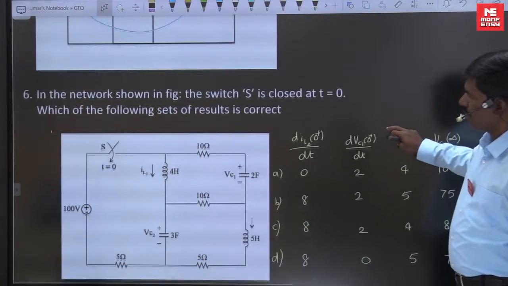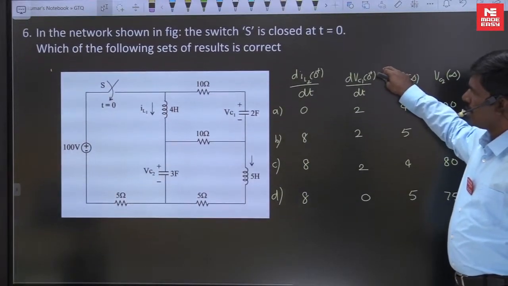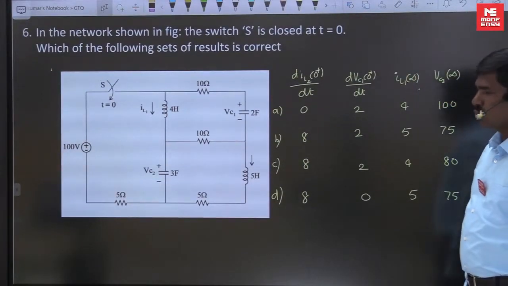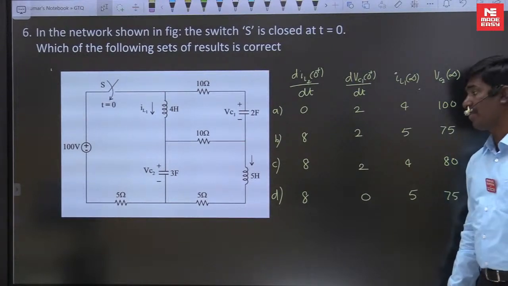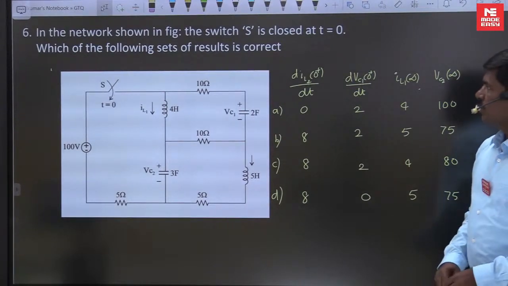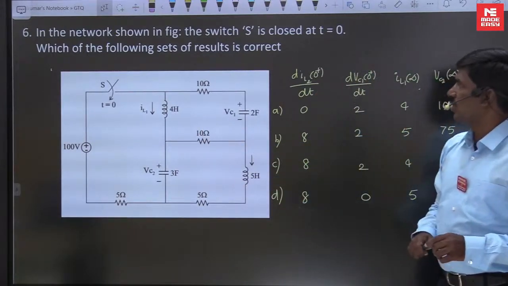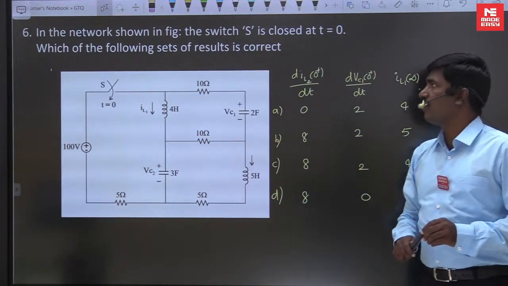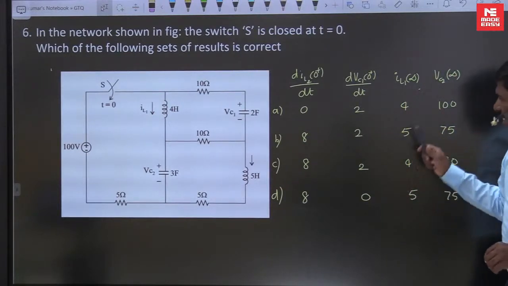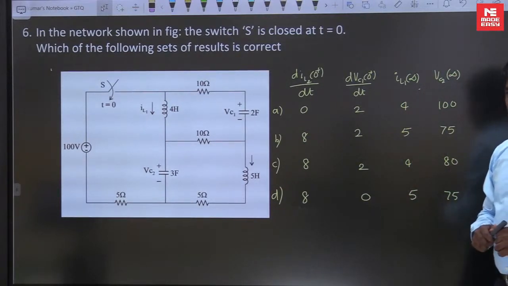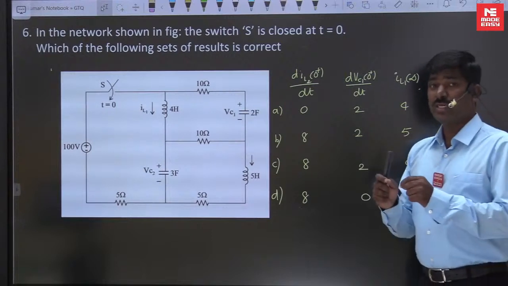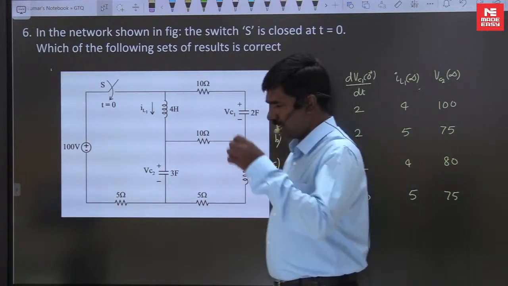Now, copy the problem and give an answer. No options are given. In the network shown in the figure, the switch S is closed at t is equal to 0. Which of the following sets of results is correct? Okay, give the answer within 2 minutes of time. 2 minutes, just 2 minutes.